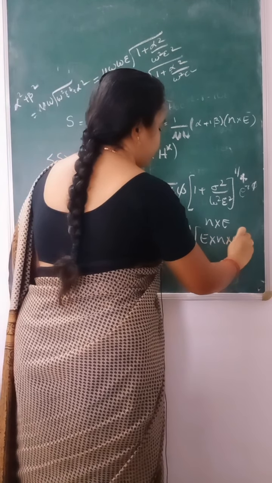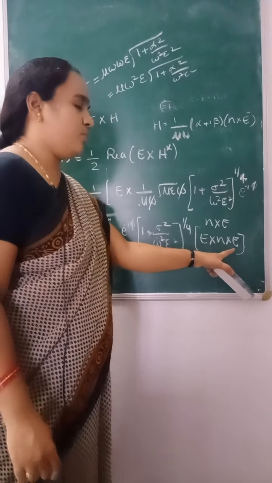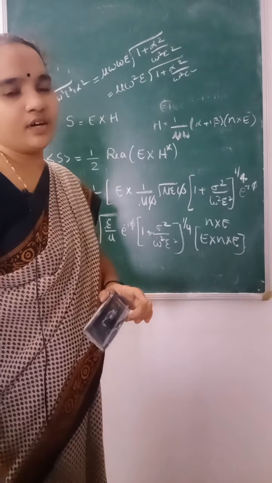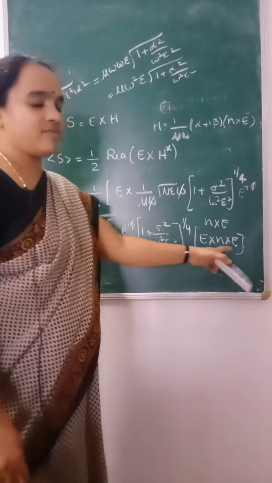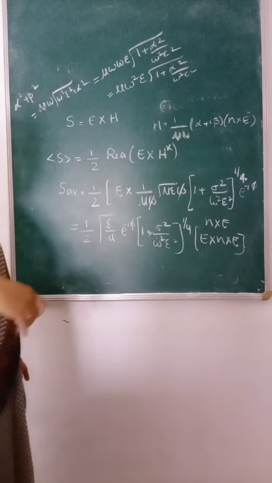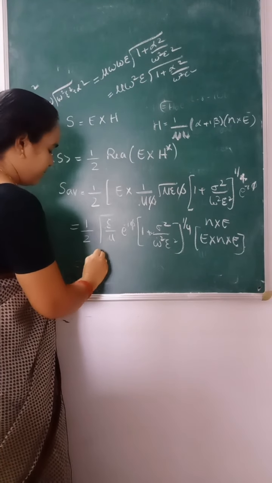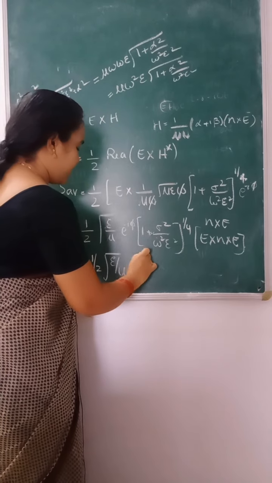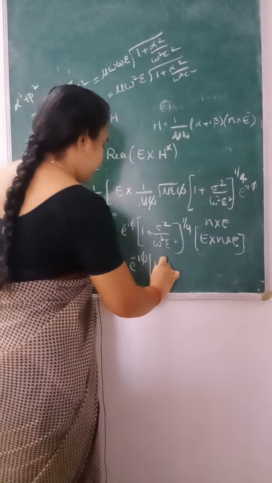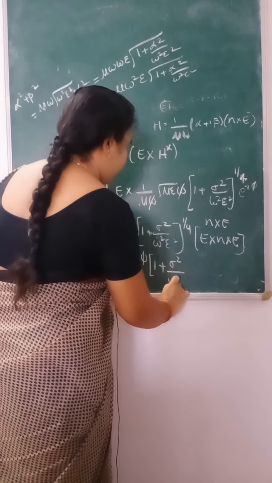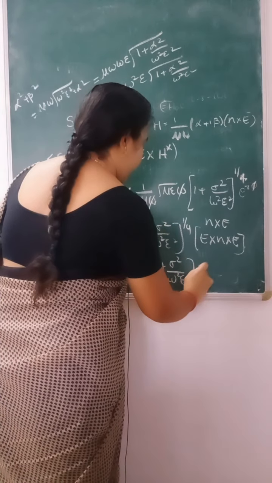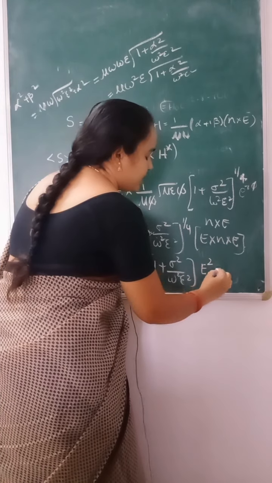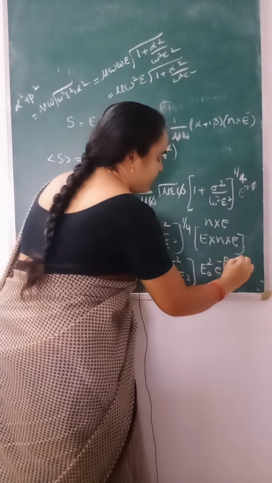A cross B cross C is B into A dot C minus C into A dot B. So E dot E into n minus E dot n into E. E dot n value is 0, so that is E square n. So the average value of E square is 1 by 2, root of epsilon by mu, e power minus i phi, 1 plus sigma square by omega square epsilon square, E square n, that is its magnitude is E naught square e power minus 2 beta n dot r.